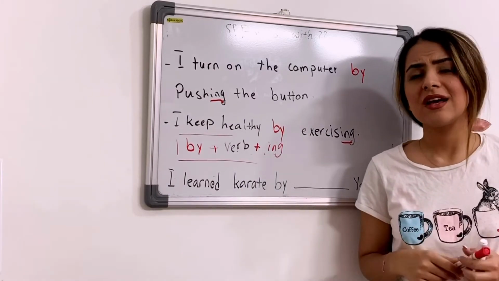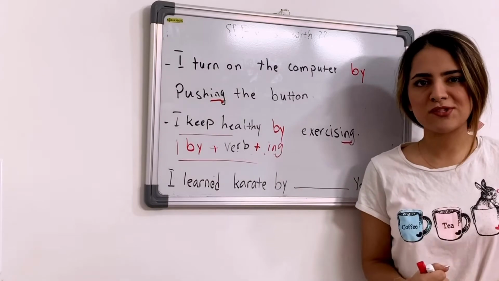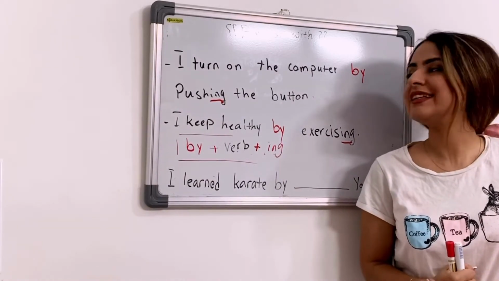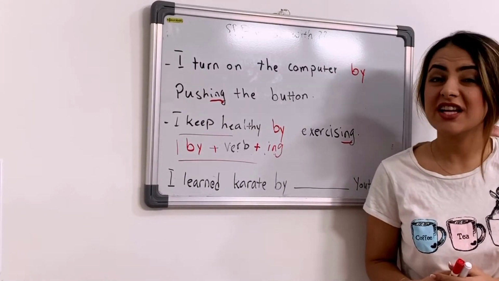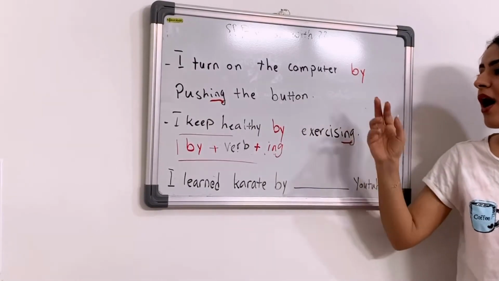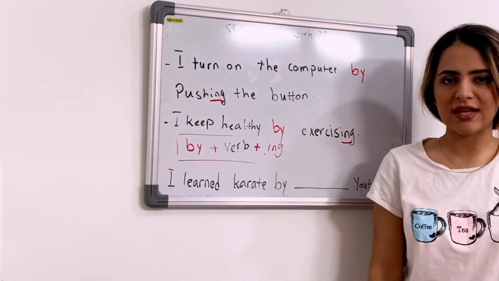Why is that? Because whenever we have any sort of preposition before a verb, we have to add ing, and in this case, whenever we have by, we have to add ing if we have a verb right after by. So by pushing the button, I keep healthy by exercising.